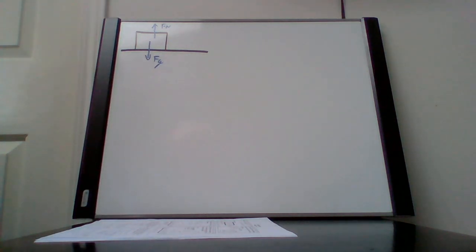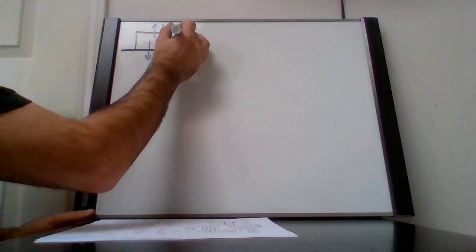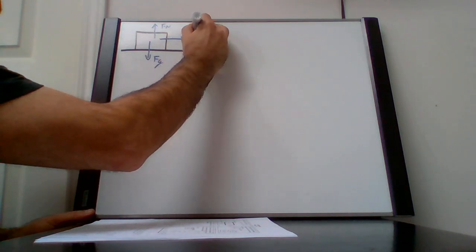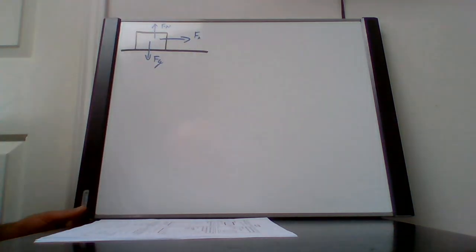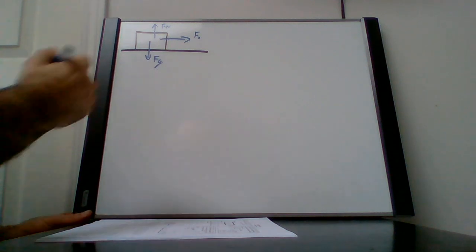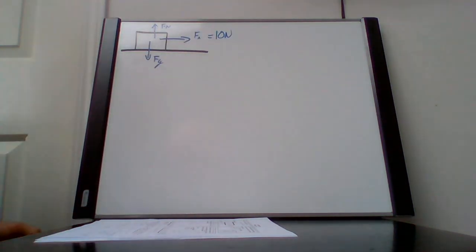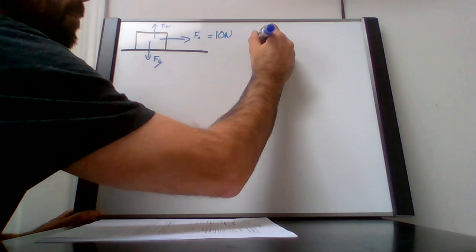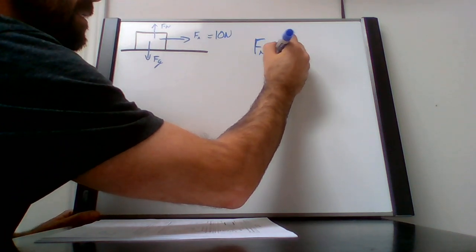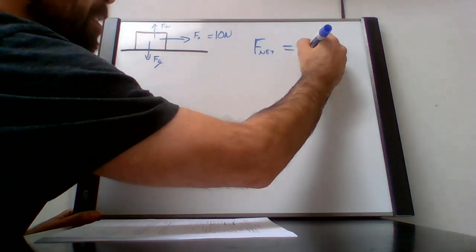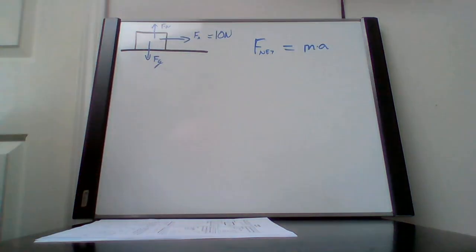The next thing it says is the block is pushed with a force. So I'm just going to draw it this way, and I'm going to call that my F_A, my force applied. And this is 10 newtons. Now, we want to know the acceleration. So we're going to say that F net equals mass times acceleration.